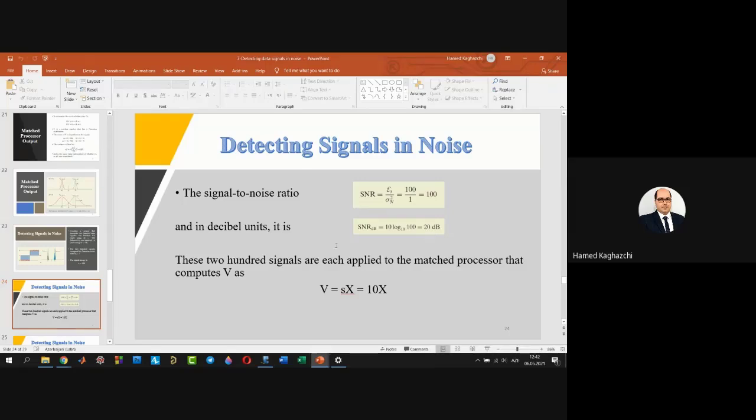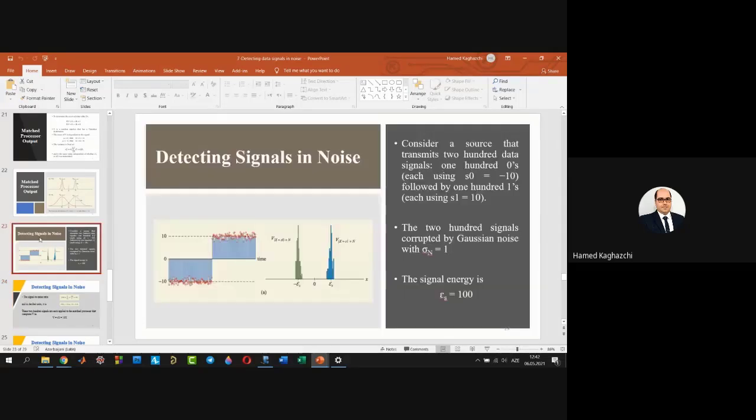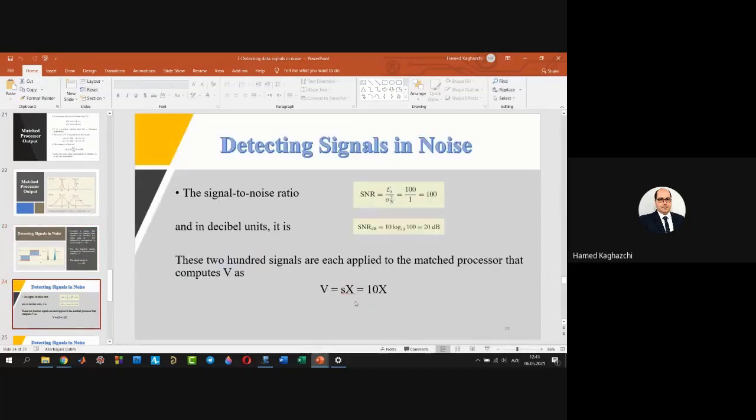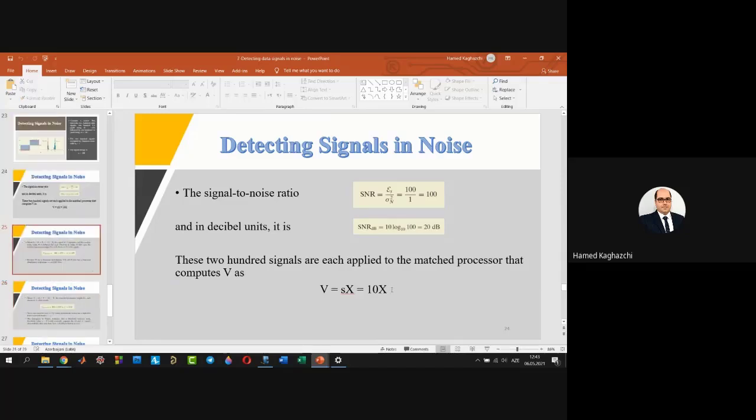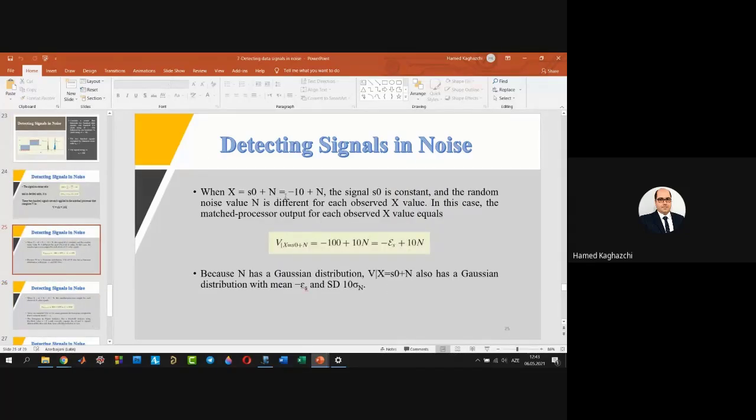Now, we said that the energy of the signal is 100, so the signal is 10. Get here? 10. And this 10 is accepted as S1. Instead of S1, we can write 10. It means that I will have V equal to 10x. Now, if I define x as S0 plus n, instead of S0, I write minus 10.